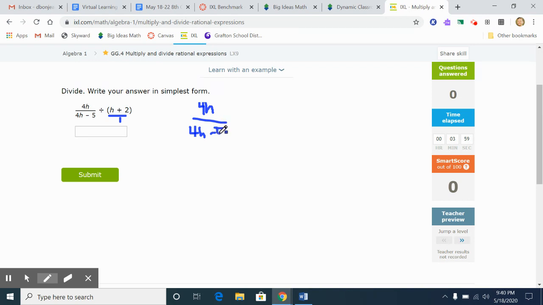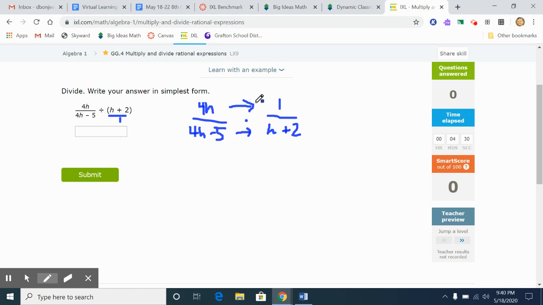For example, 4h minus 5, I can't factor that. There's no greatest common factor between 4h and 5. I'm going to multiply by the reciprocal, so I'm putting the 1 on the top now, and the h plus 2 on the bottom. Now I can't factor anything. Now I'm going to try to cross cancel, and I can't do that either. There's really nothing I can do except to multiply across.